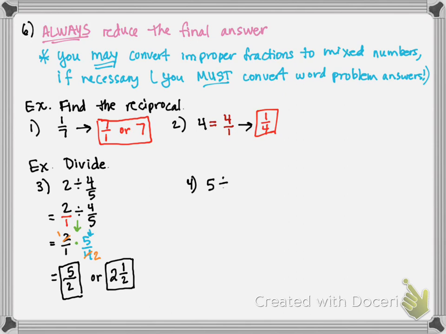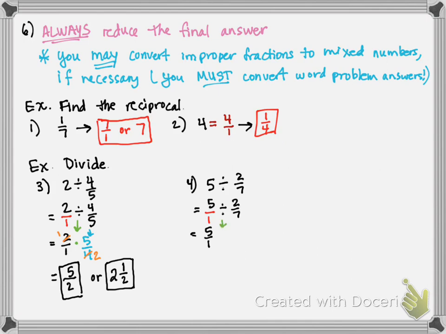All right, let's try another one. 5 divided by 2/7. So we have the same problem we did on the last one. I need to convert 5 into a fraction by giving it a denominator of 1. Okay, now I'm going to keep the first fraction the same.